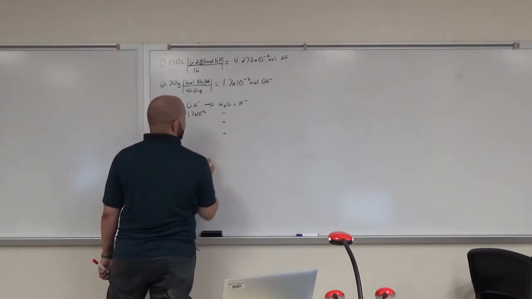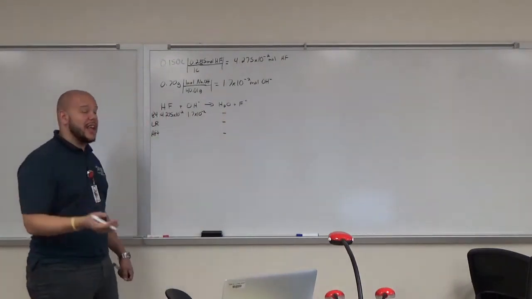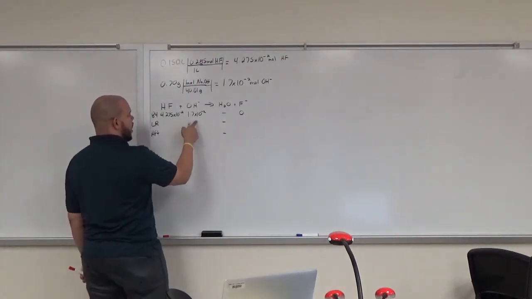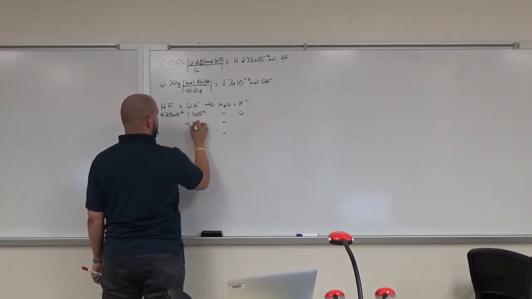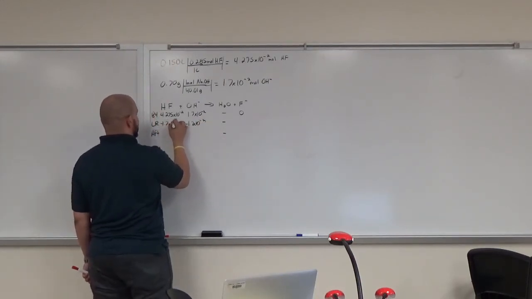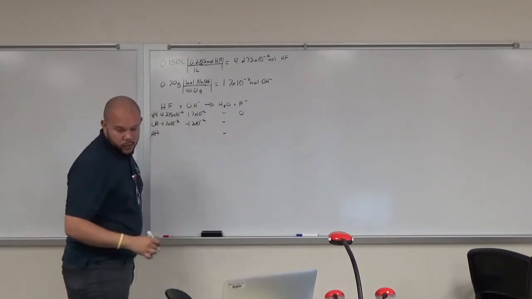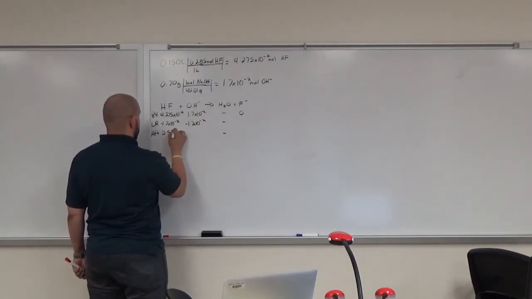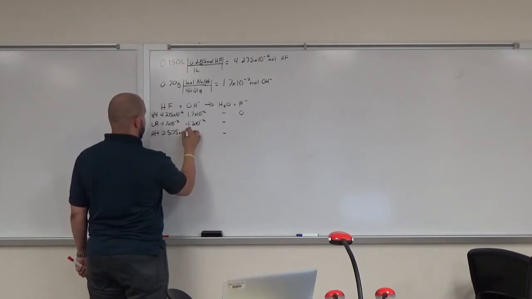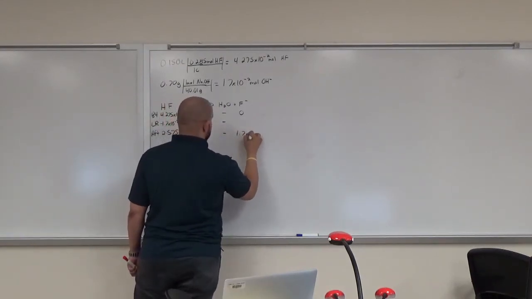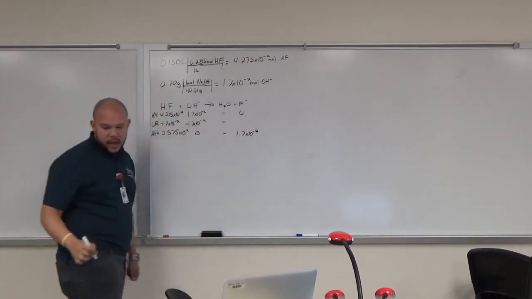We're not worried about water because it doesn't exist in the Ka expression, and we don't have any fluoride to begin with. Well, our limiting reagent is OH minus, so we subtract 1.7 times 10 to the negative 2, and that leaves us with 2.575 times 10 to the negative 2, no hydroxide left, and 1.7 times 10 to the negative 2 F minus.